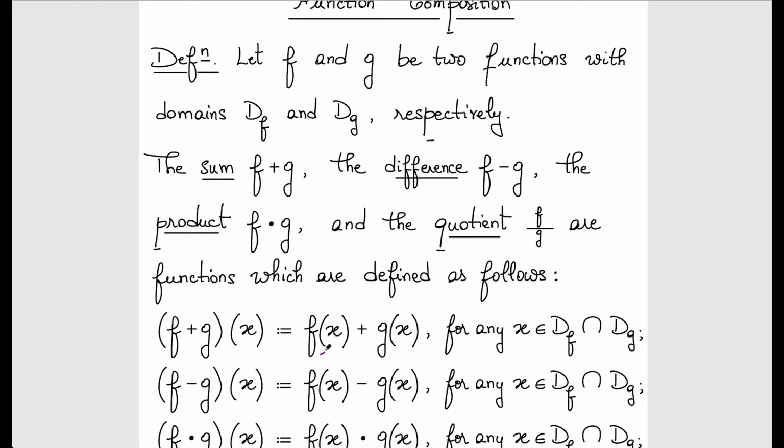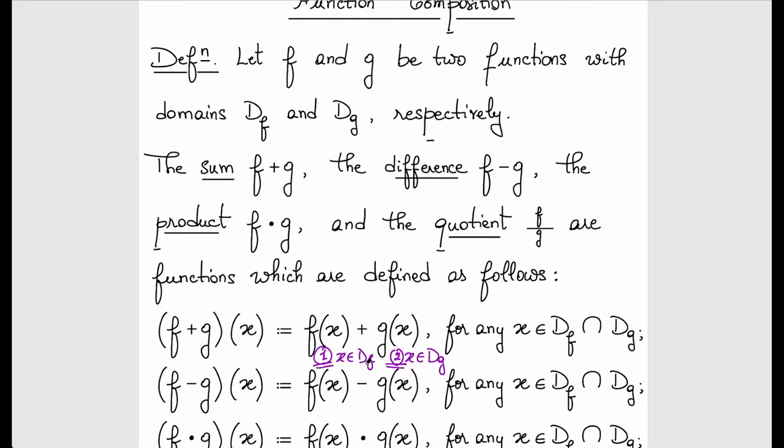So condition number one, I need x to be in the domain of the function f. How about this? For this guy to exist, you need x to be similarly in the domain of g this time, right? So conditions 1 and 2 allow you to say that the sum is meaningful, and hence this guy, which is defined as such, is meaningful.